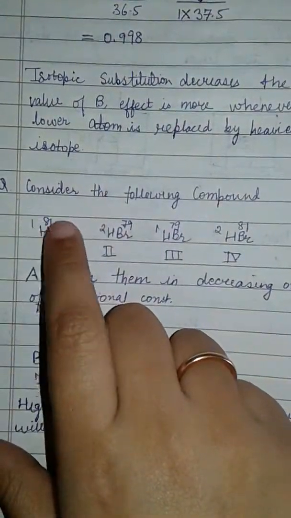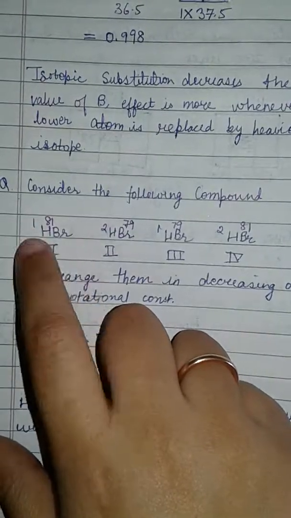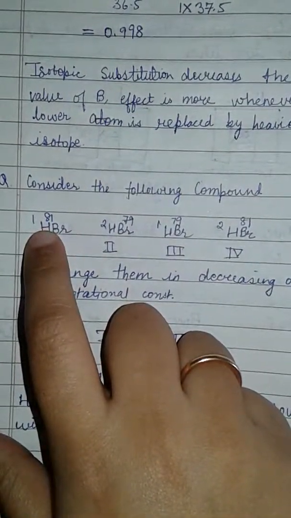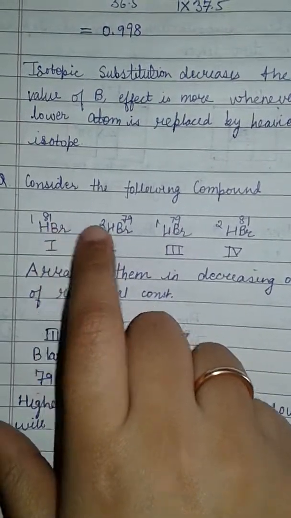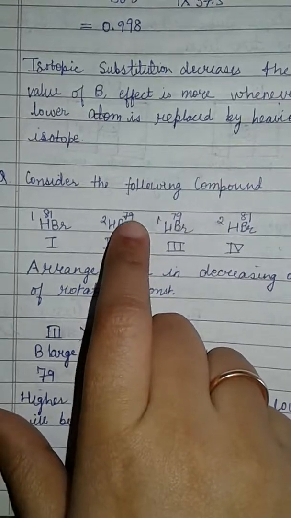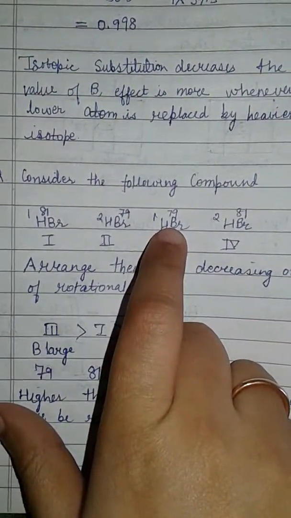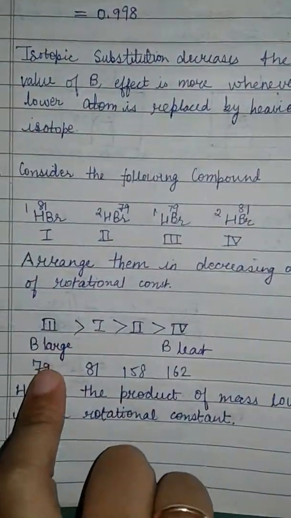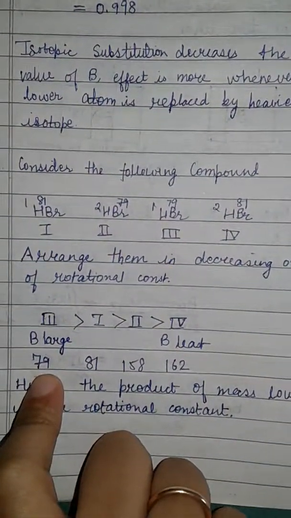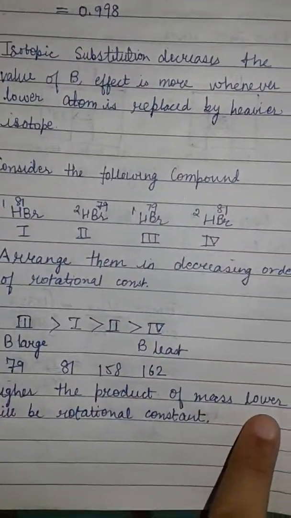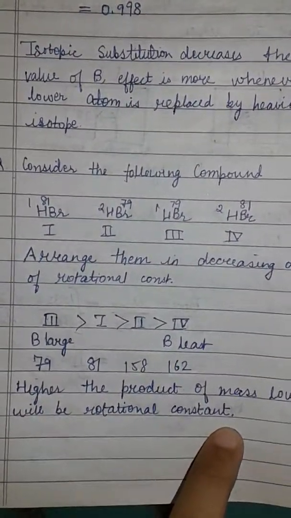You should just multiply the masses of both atoms. For example, here H is 1, and for bromine it is 81. Here the mass of H is taken as 2 and bromine is 79, and here 1, 79, 2 and 81. Multiply both of them. The higher the product of the masses, the lower will be the rotational constant.